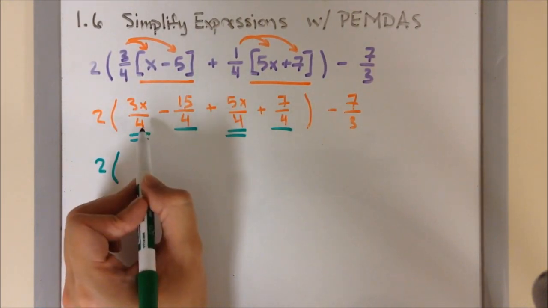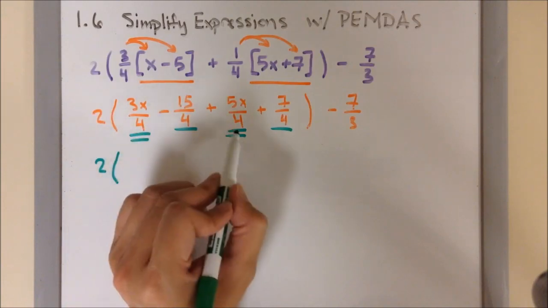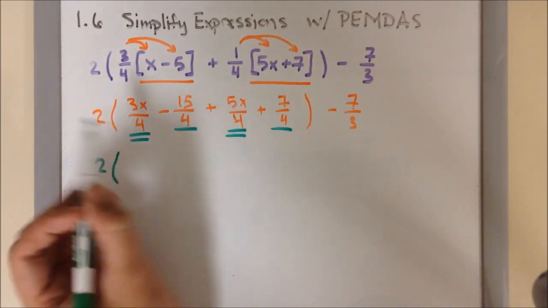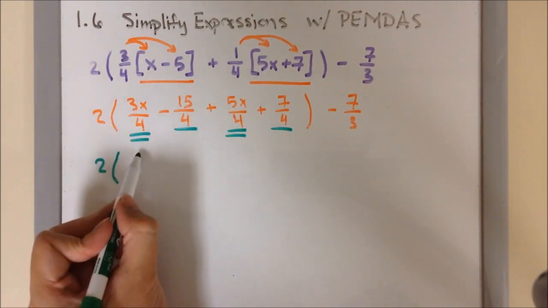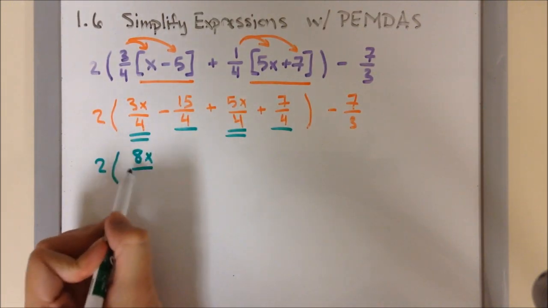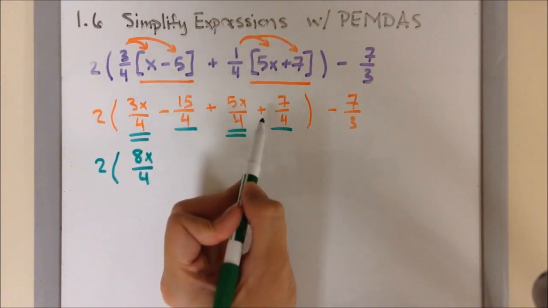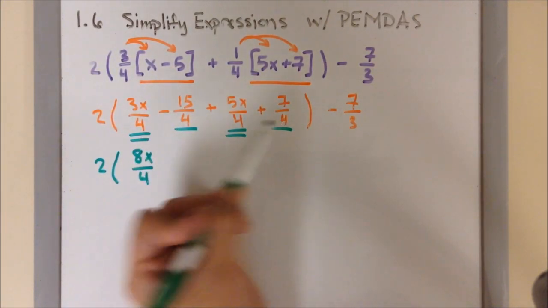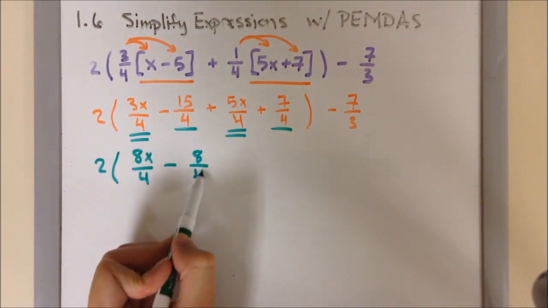So again, when it comes to subtracting and adding fractions, they must have the same denominator. In our case, we are lucky that they have the same denominator right now. So 3x/4 plus 5x/4 will be 8x over 4. And then negative 15 over 4 plus 7 over 4, that's going to be negative 8 over 4.